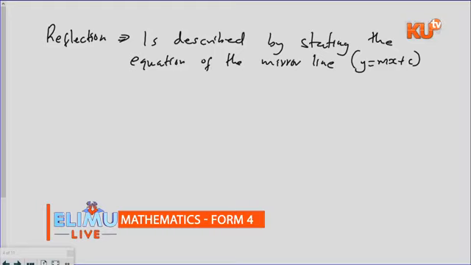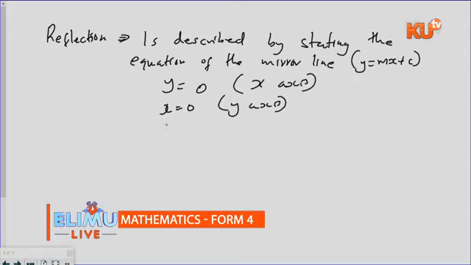If we have this kind of a case, when you have the object, we have different kinds of equations. We have the equation y equals 0, this is the x-axis. We have x equals 0, the y-axis.